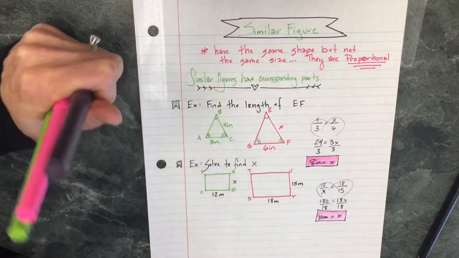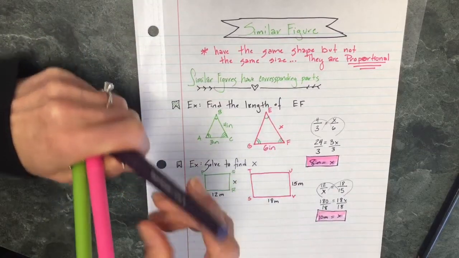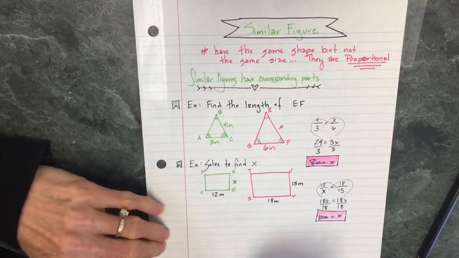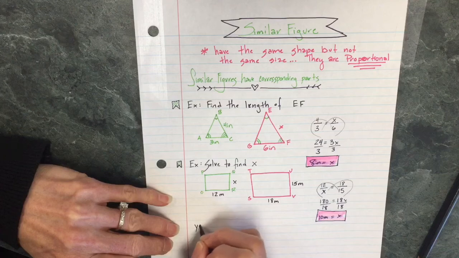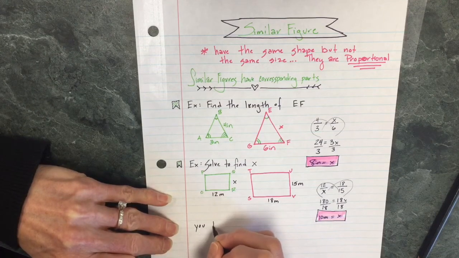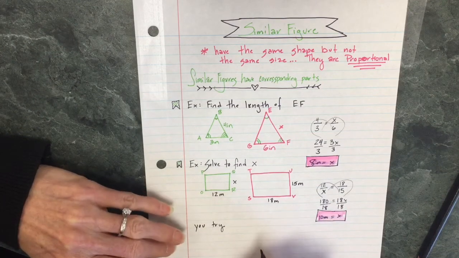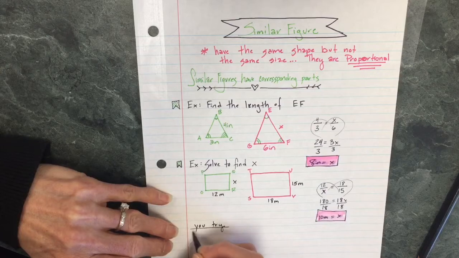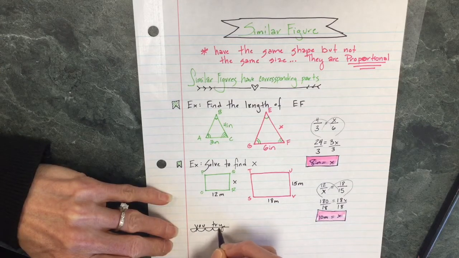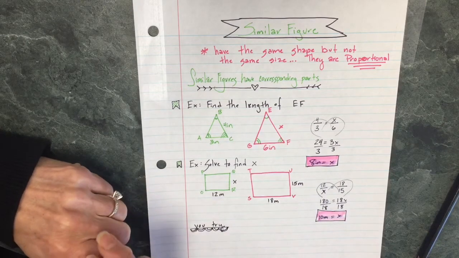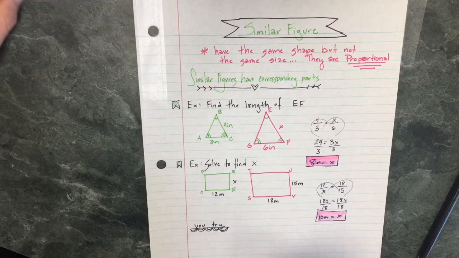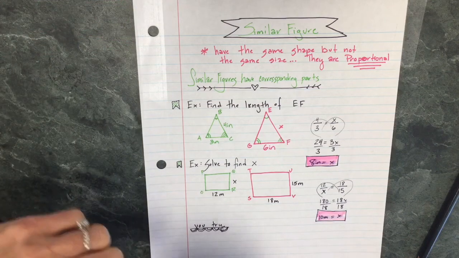And I'm going to give you a couple You Tries. I want you to have them completed when you come into class. I am going to draw the figures, but only say the measurements of the sides so that I know you had to watch. Okay. So here is your first You Try.